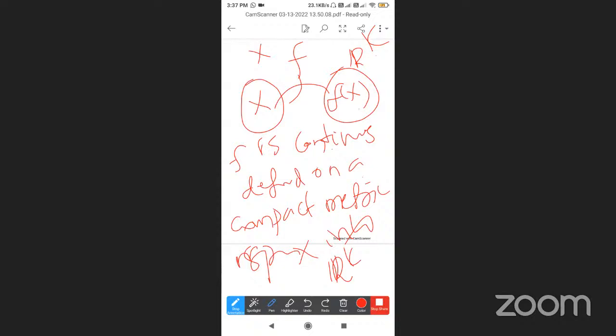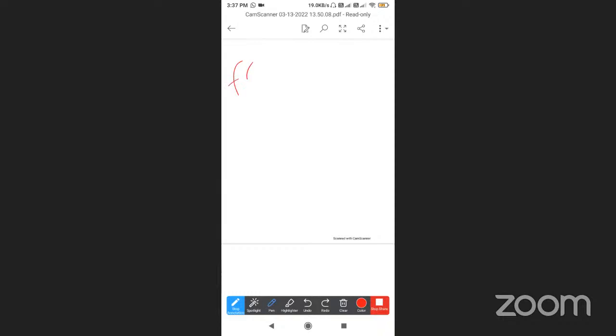So f is continuous and defined on a compact metric space, then capital F of X is compact. Hence F of X is a compact subset of R power of K.